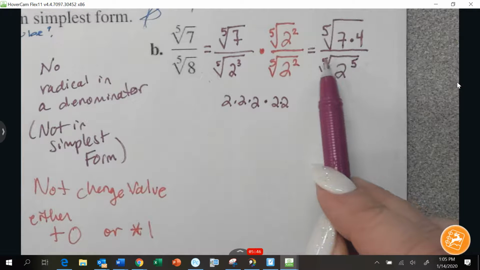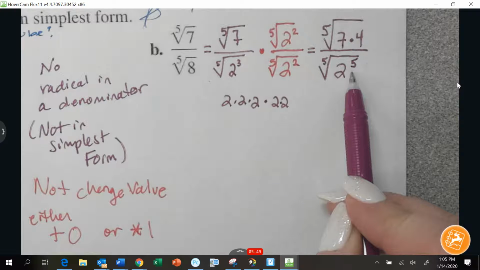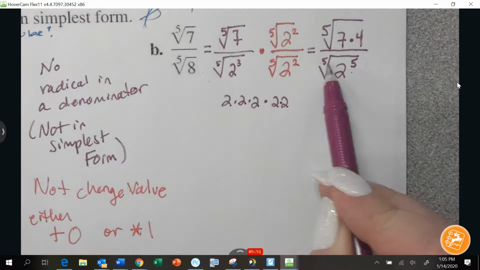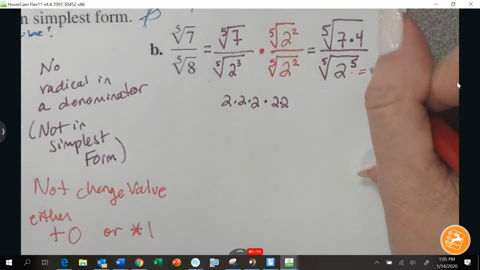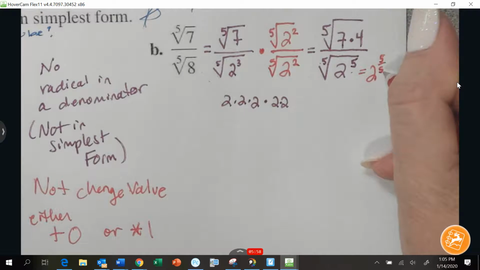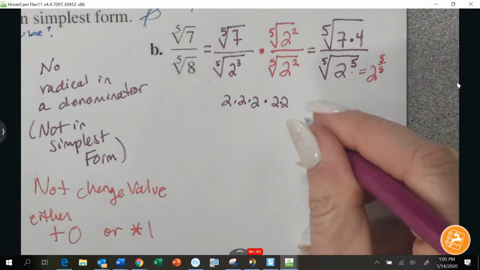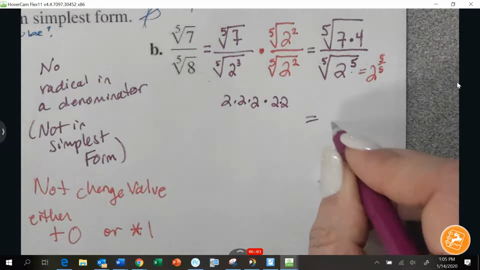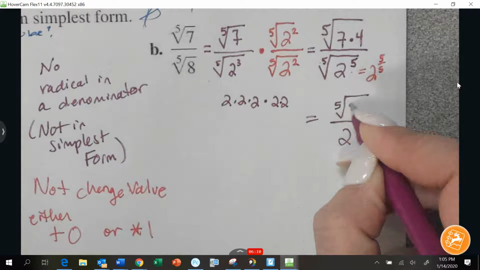So since I have the 5th root of 2 to the 5th, the root and the 2 to the 5th undo each other. And what would I have for my answer? Just 2. So my answer down below, the denominator will be 2. The numerator will be the 5th root of 28.